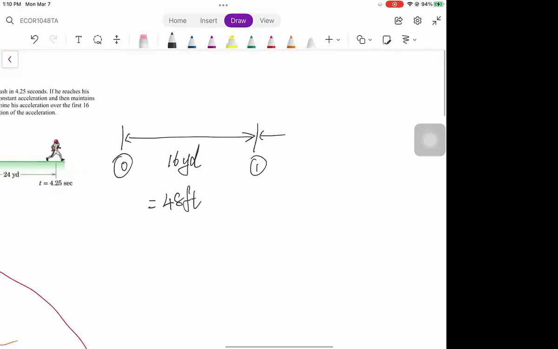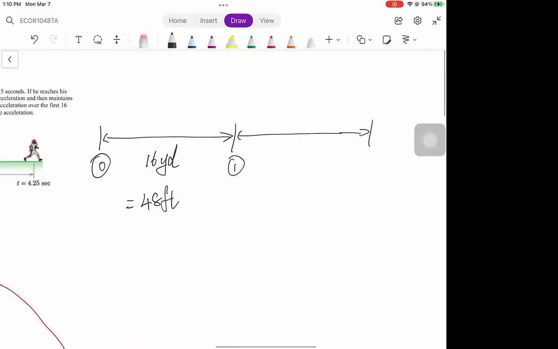And the second segment is 24 yards. You don't really have to, but if the question is going to be very long and later you're going to have some more calculation, you want to change it to fit.